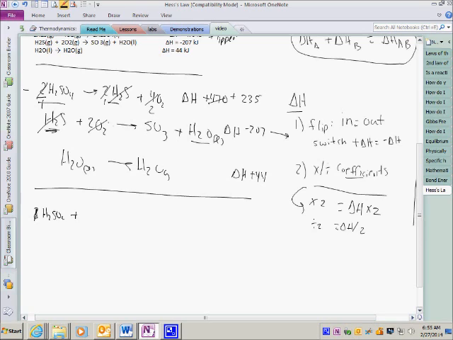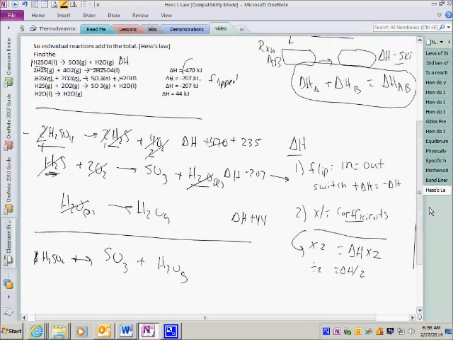The two O2s will cancel with the two O2s. I do have the H2O liquid here, which will cancel the H2O liquid there. So that's only written in half, which is all I want. Product-wise, I have my SO3 and my H2O gas. Is that what I want? Yes, that is the reaction that I would like.